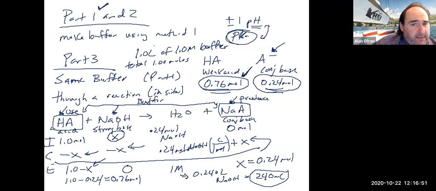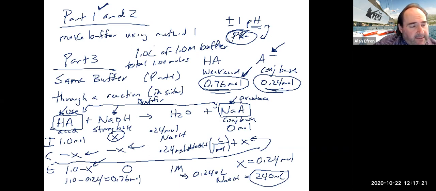And again, you can do method 2. You might want to read through the introduction again to look over what we just talked about here. But you really can choose either part, whatever part you want to do. You could choose the acid part or the base part of your buffer. The goal here is to use just one part of your buffer and react it with either HCl, which is a strong acid, or sodium hydroxide, which is a strong base.